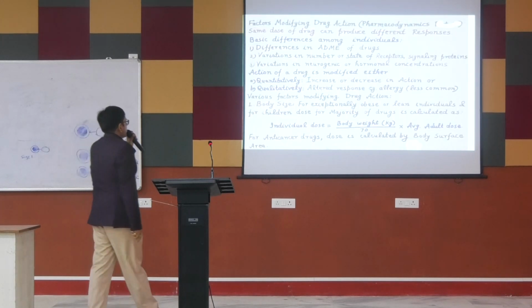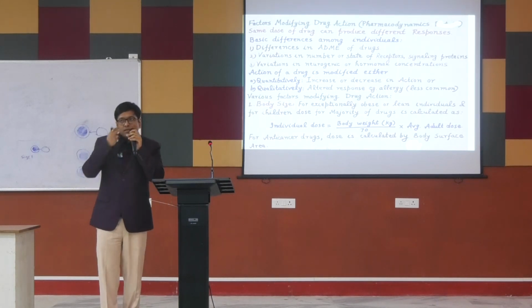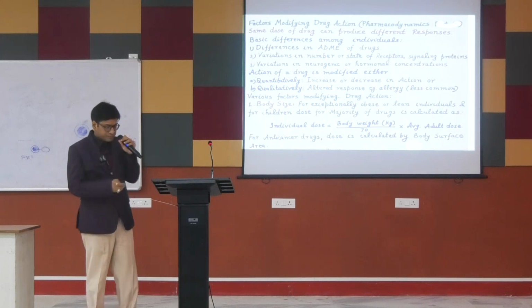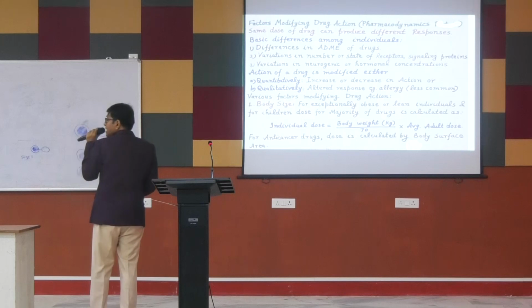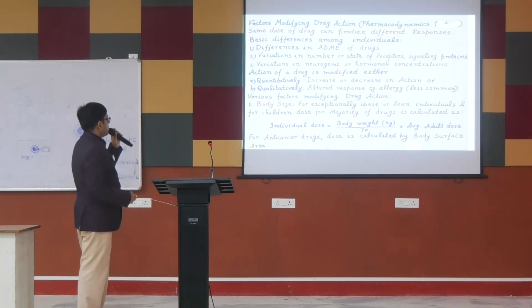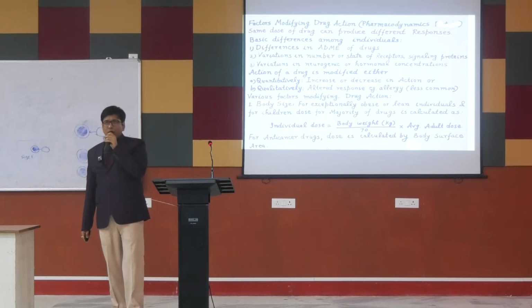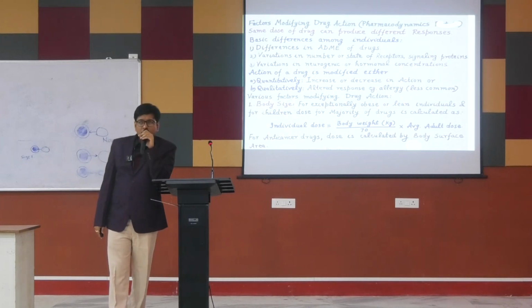Now, factors modifying drug action. You see, two patients taking the same drug, the drug will not have the same effect on both the patients. There will be different effect on both the patients. Okay. So, why does this happen? This happens because there is difference in absorption, distribution, metabolism and elimination in each patient. Each patient is a unique model.